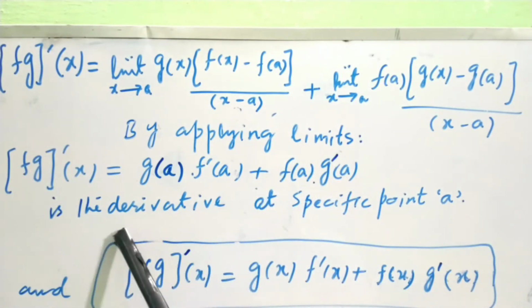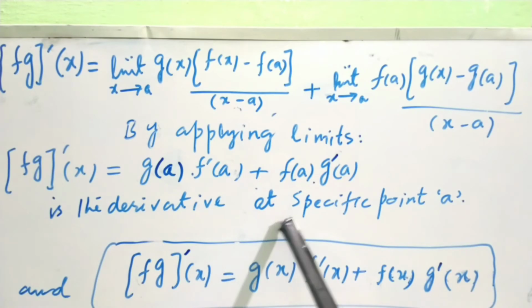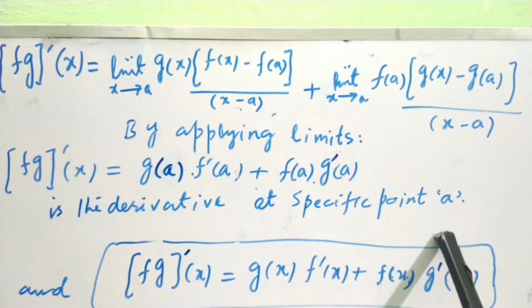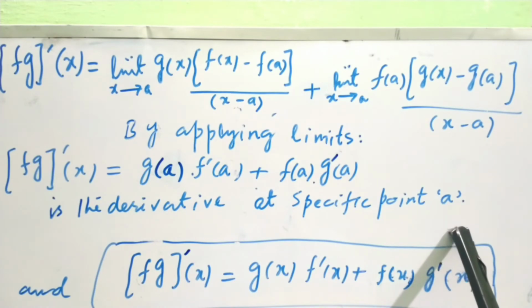So it is the derivative at the specific point a of the function which is the product f(x) into g(x). We can also find it at the general point.